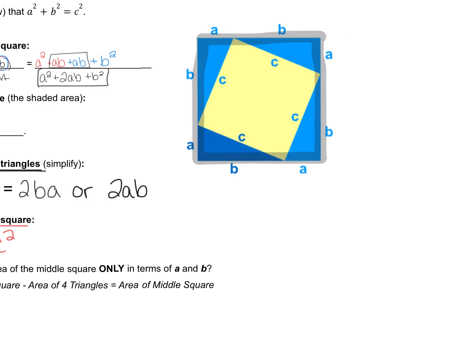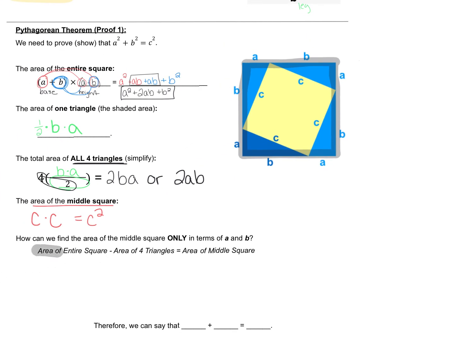That's the area of the entire square. Now I want to take away the full area of the 4 triangles. Take away is minus, so I'm going to take away my triangles.